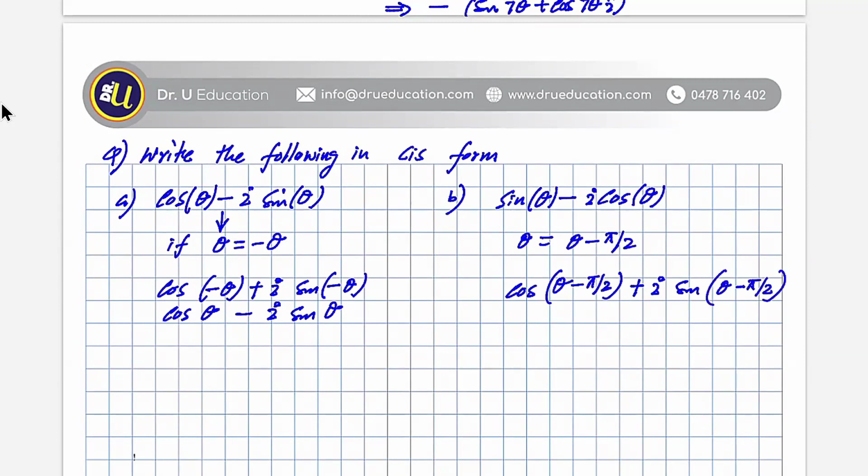Right. So then what is this? This is sine theta minus I sine theta. You get that? This simplifies to this or not? Yeah. So it is cis theta minus pi divided by 2 then. So in here, this is cis minus theta then.